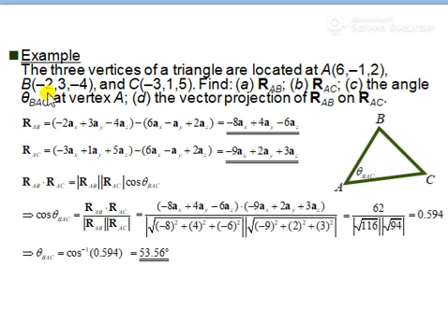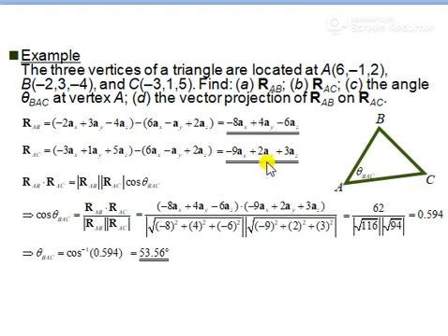RB is minus 2 ax plus 3 ay minus 4 az, minus RA, which is 6 ax minus 1 ay plus 2 az. After subtraction you will get RAB equal to minus 8 ax plus 4 ay minus 6 az. Similarly you find RAC, the distance between the two points, right?